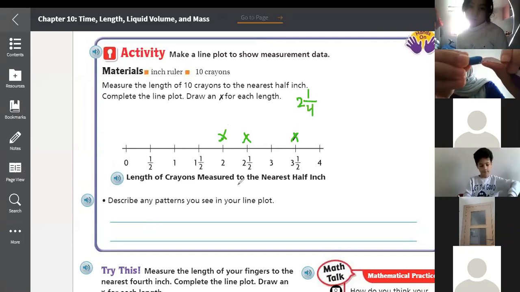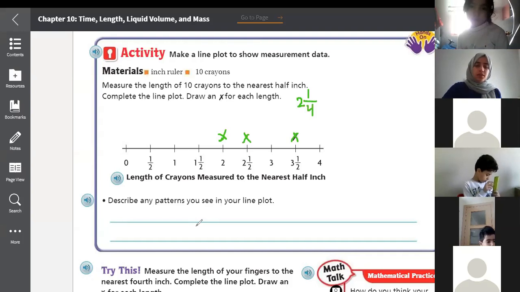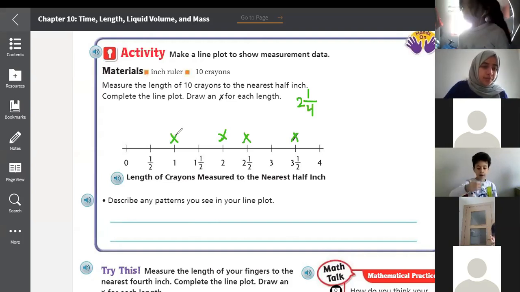Can you see it? Yeah. What's the number close to the end? 1. So the measurement for this one is 1 inch. Thank you, Rinad.